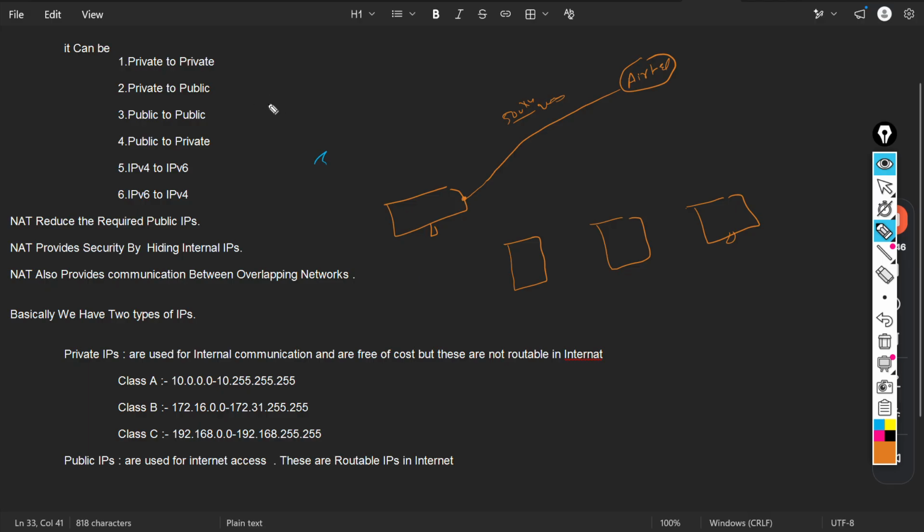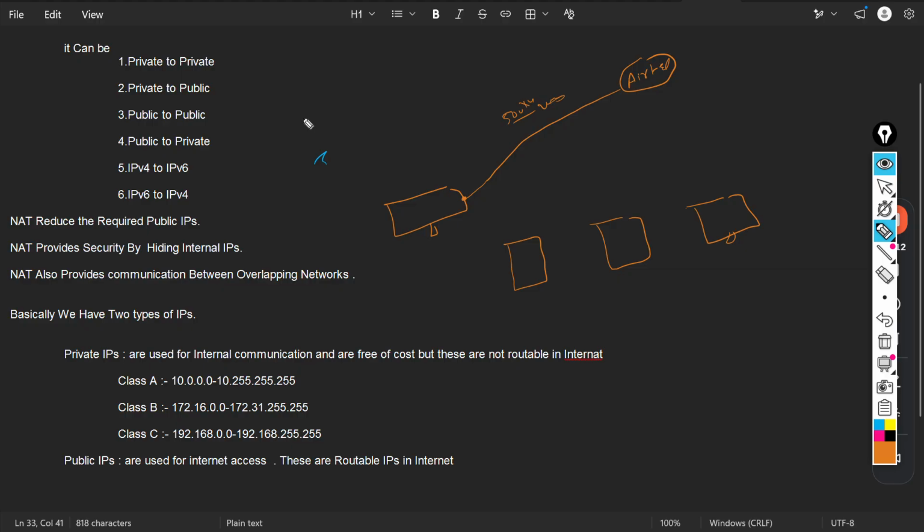Nowadays every person uses more than one device, laptop and mobile. In every home, at least 2 to 3 devices are there. If in every home there are three internet users, in the whole world, how many IPs are required?